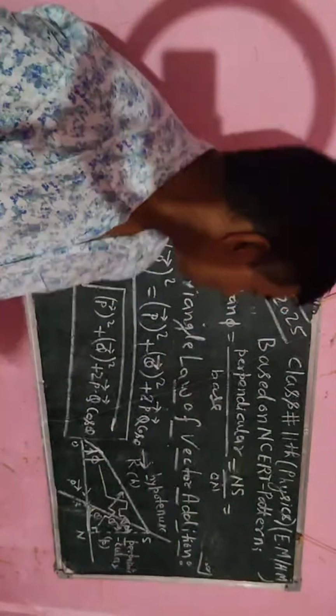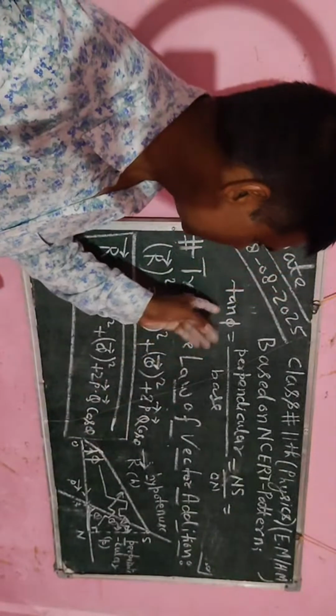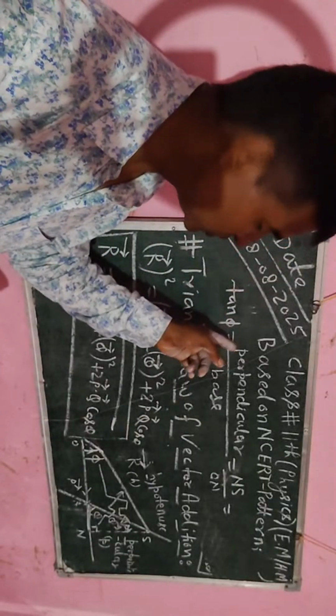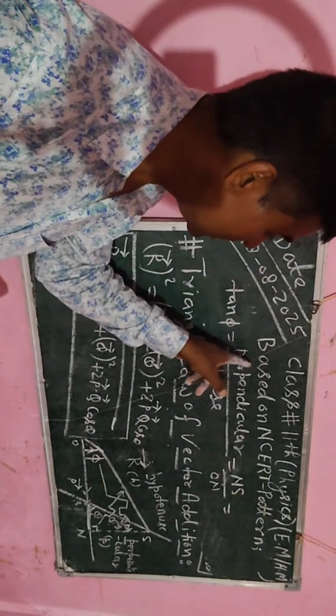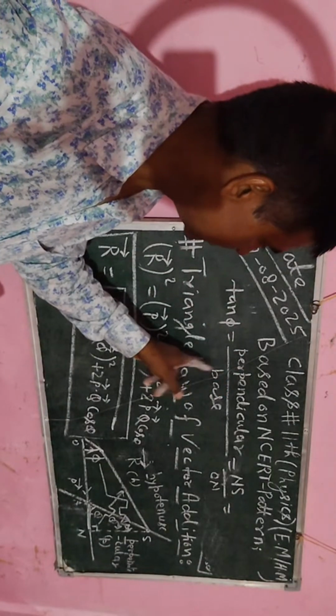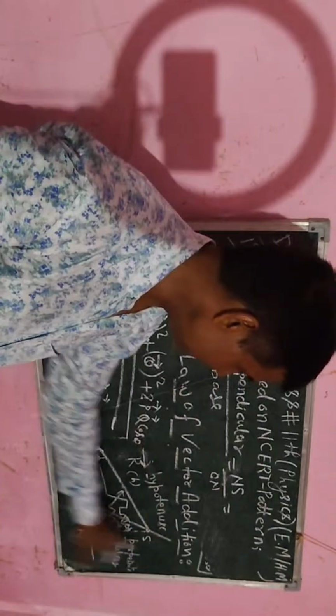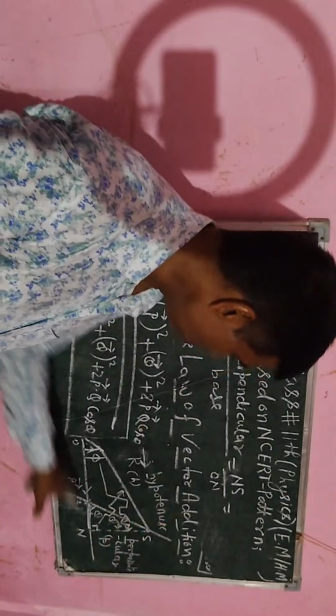Okay students, so this is very important, because tan theta is always used in a right angle triangle, and in a right angle triangle that will be perpendicular divided by base. Perpendicular will be NS and base will be ON.